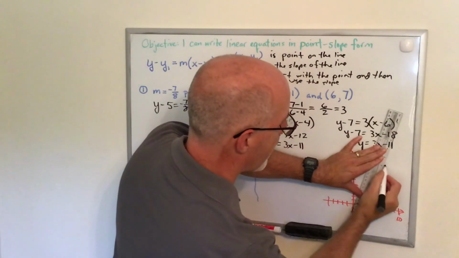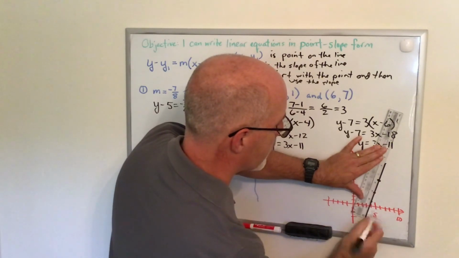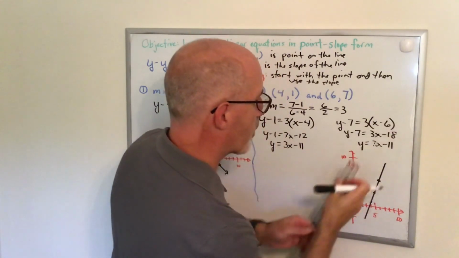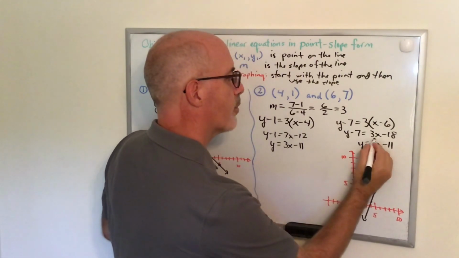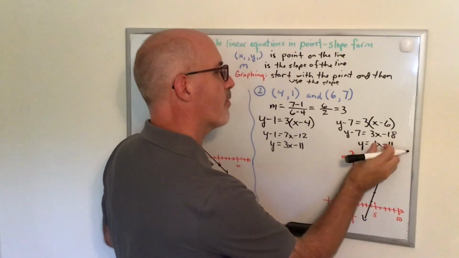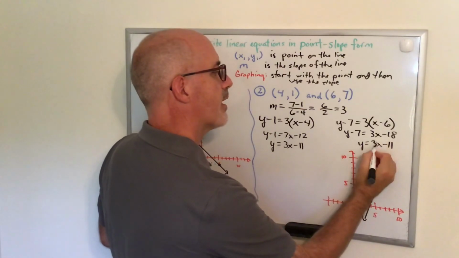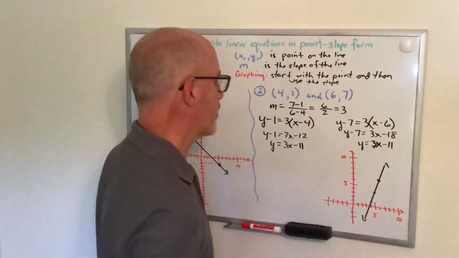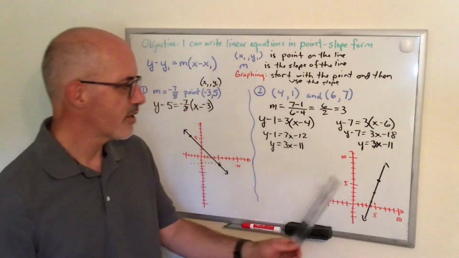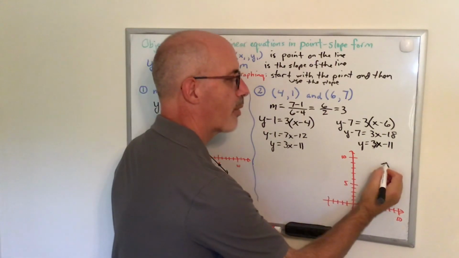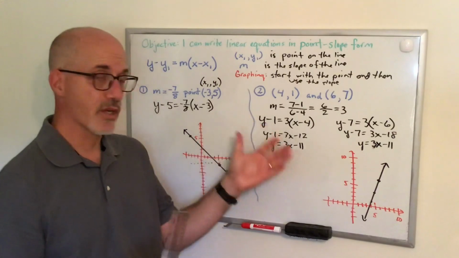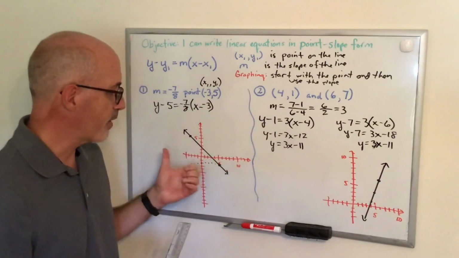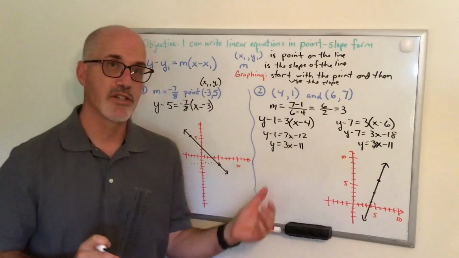If you want to just graph it using the 2 points, you can do that too, rather than the slope. That works as well for the problem. But if you want to put it into point-slope form, you have to include finding the slope first. All right, so these are my 2 problems for finding the equation using one of the points and the slope, and using the point first and then the slope from there to draw the graph.